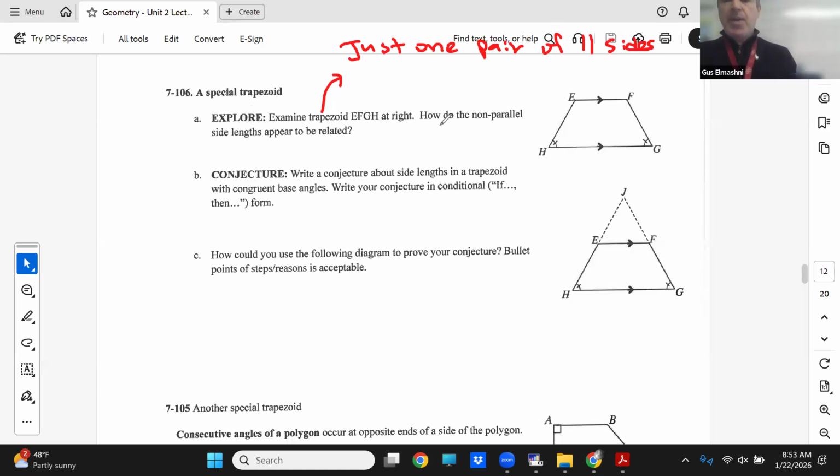This is kind of special because how do the non-parallel sides appear to be related? Notice that angle H is congruent to angle G. What do you think we can deduce from that? What do you think it appears to be happening?